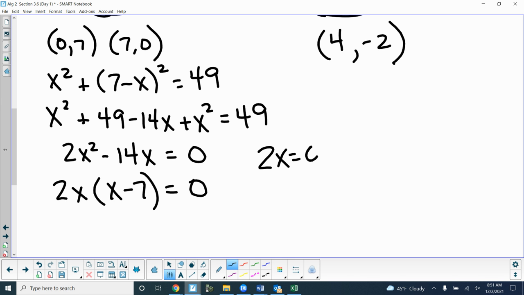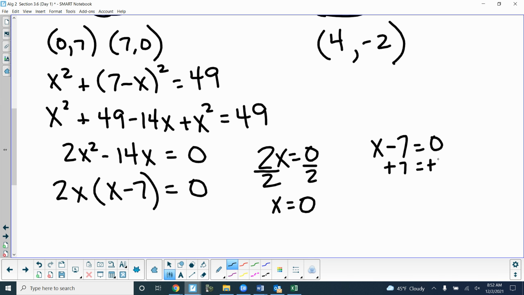So I just set them both equal to 0. 2x equals 0. I'm going to divide both sides by 2. What's 0 divided by 2? 0, right? And then x minus 7 equals 0. So again, you guys know you're going to add 7. So x is 7. So there's two x values. So plug them in for the y. Remember, y equals 7 minus x. So when I put 0 in for x, what's 7 minus 0?